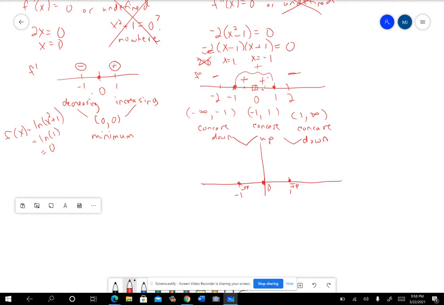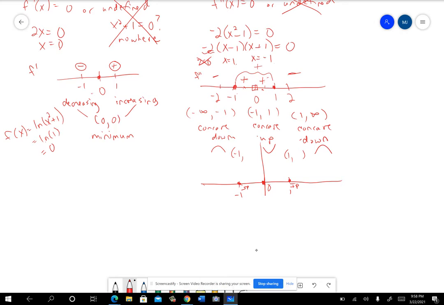So that's going to be a minimum. All right, let's find the coordinates of the inflection points. So this is going to be down, up, down. So this is going to wind up being an inflection point at -1 something and at 1 something.